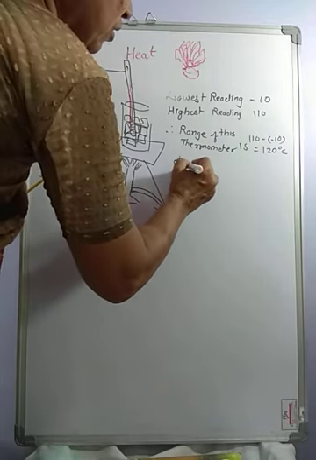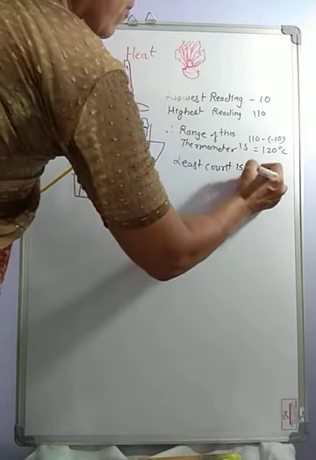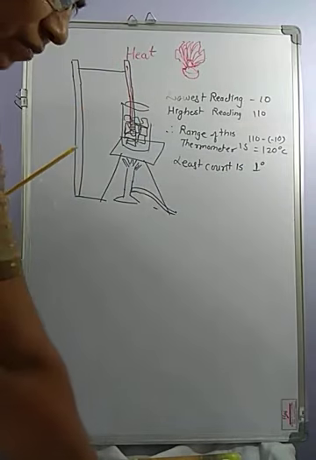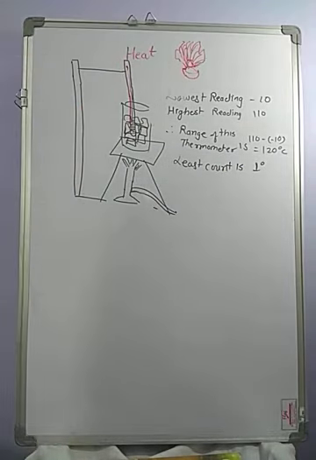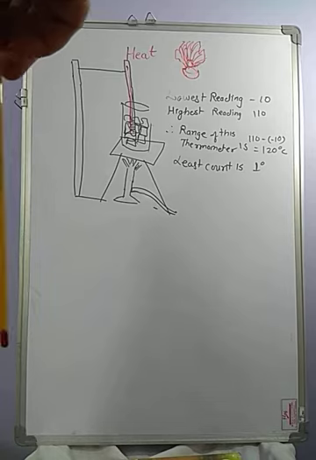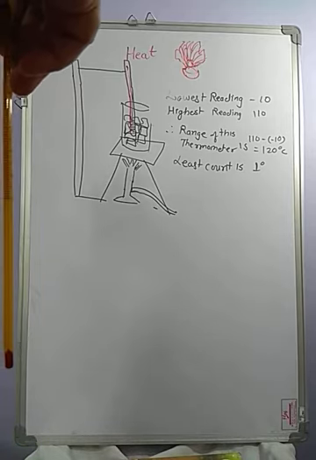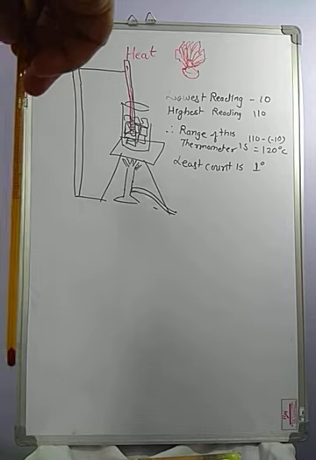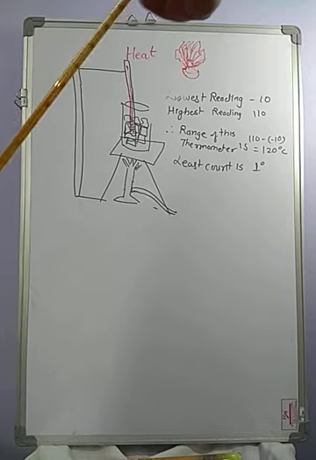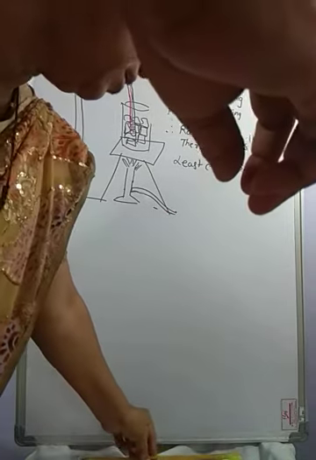Therefore, least count is 1 degree. So here we will not be able to measure any temperature like 10.5 or 25.5. We will have to consider either 25 or 26. We cannot consider 20.5. Did you get this? This was yesterday's thermometer that I used in our school.